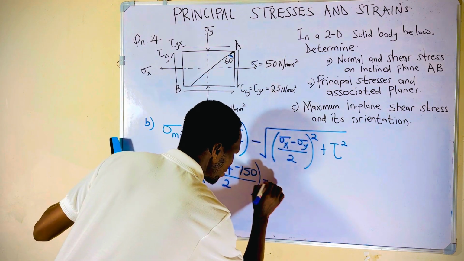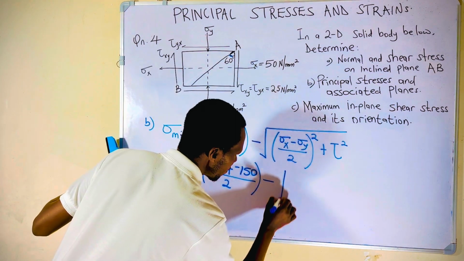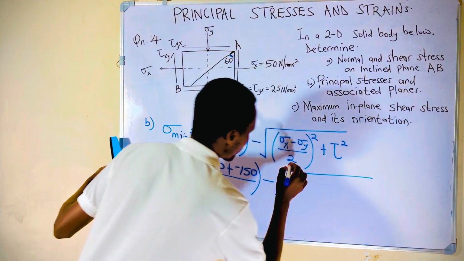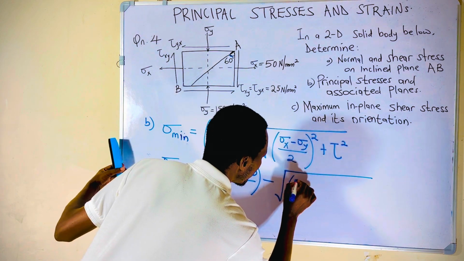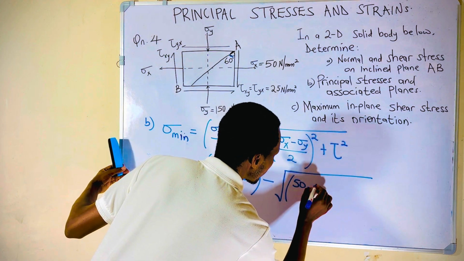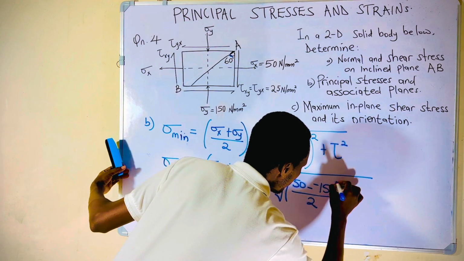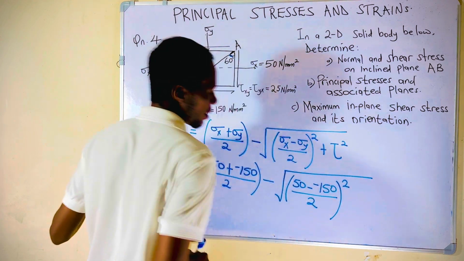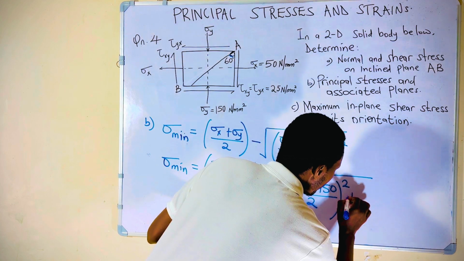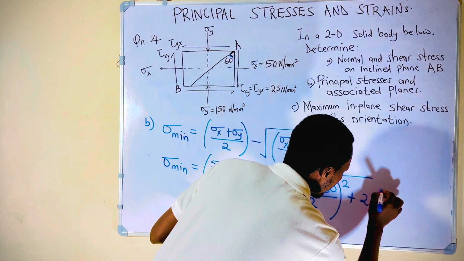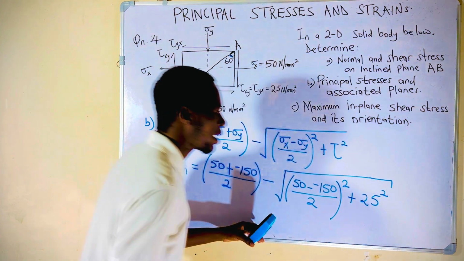Now the linking sign here is minus the root of 50 minus negative 150, everything out of 2, squared, plus 25 squared because that's the value of tau.